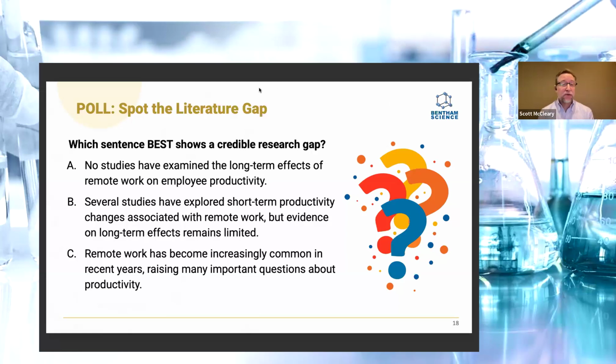B, several studies have explored short-term productivity changes associated with remote work, but evidence on long-term effects remains limited. Or C, remote work has become increasingly common in recent years, raising many important questions about productivity. Let's see what our guests think. Again, a great poll. Any of these stand out to you, Gareth? What are your thoughts as an editor?